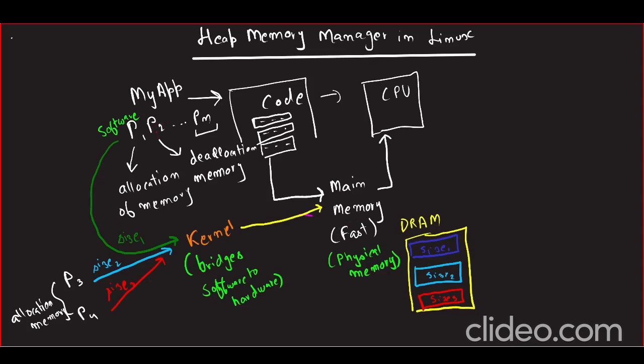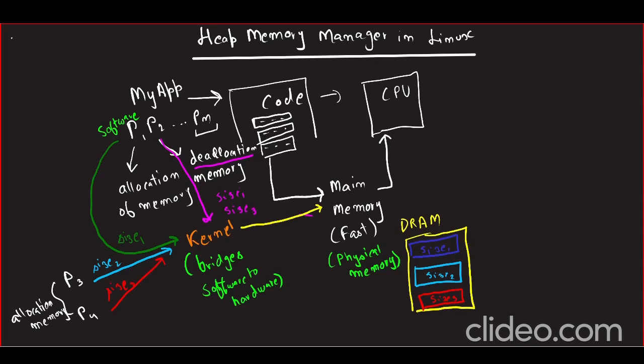Okay, cool. Now say that we are having P2, and P2 asks the kernel to deallocate size 1 and size 3.